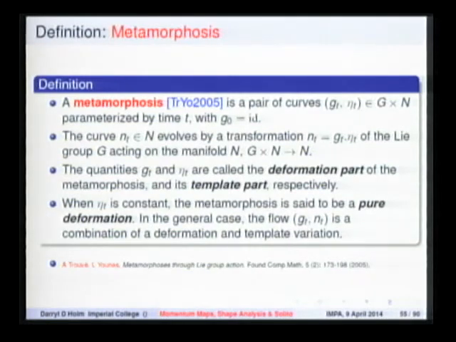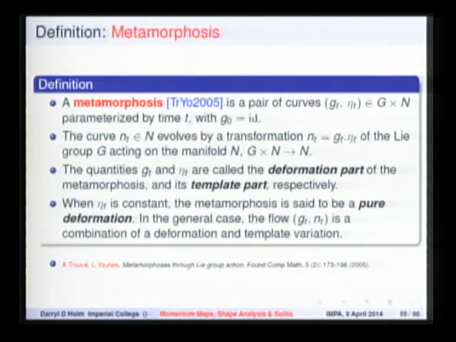And the curve in N evolves by a transformation by G. So that gives something else in the manifold N called little n. Okay, and the quantities here, G and eta, are called the deformation part and the template part. So these guys, the N's, are templates in which you fit your data. Okay, and then the G's are how you act on those templates.